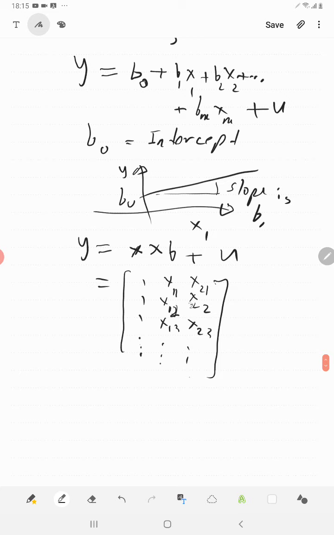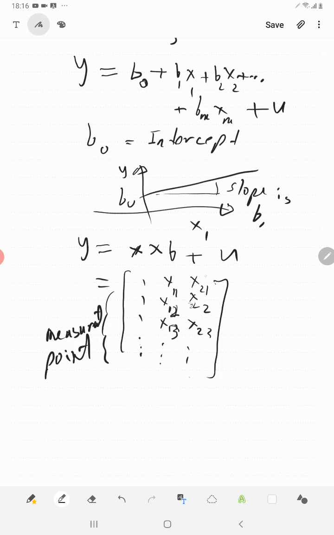Now these are measurement points. For example, x11 is the first measurement of x1, x12 is the second measurement of variable x1, x13 is the third measurement of variable x1, and so on.